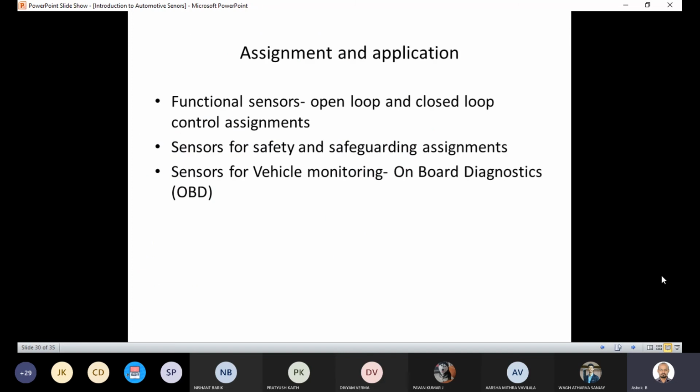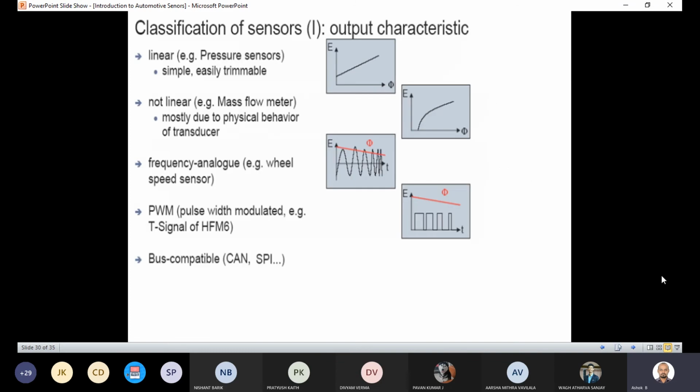And of course, according to the assignment and application, it may be used for open loop and closed loop systems, for safety and safeguarding, onboard vehicles, and engine types, depending on the application. We can classify them like temperature sensor used in engine, pressure sensor used in engine, like that.